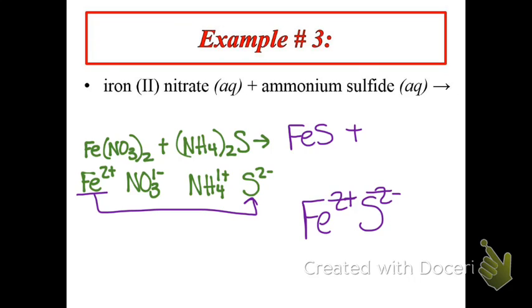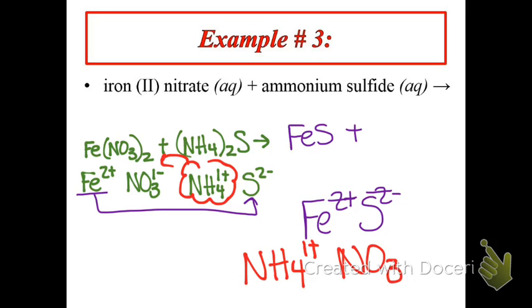And then the ammonium is going to go with the nitrate. So you have NH4, 1 plus is going with the NO3, 1 minus. You're crossing ones down, so it's just going to be NH4NO3. So there are your two products.